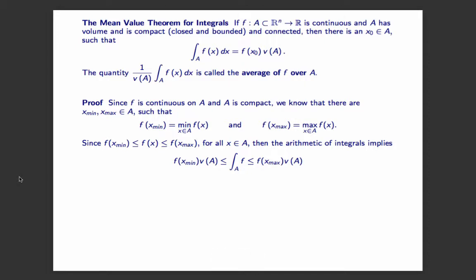Since f of x is bounded below by f at the min and bounded above by f at the max, then for all x in A, using the arithmetic of integrals we've developed, f of x min times the volume of A, which you could think of as the integral of chi A over A, is less than or equal to the integral of f over A, which is less than or equal to the maximum value times the volume of A, which again is just the integral over A of chi A, the characteristic function of A.